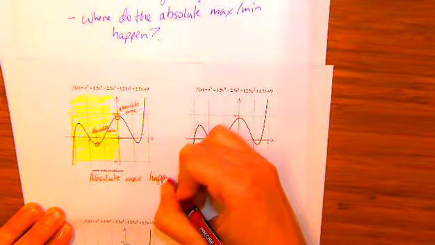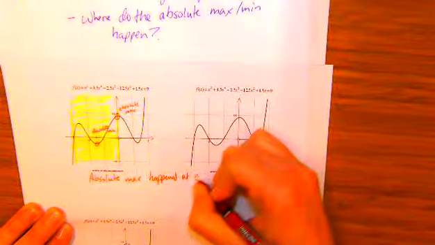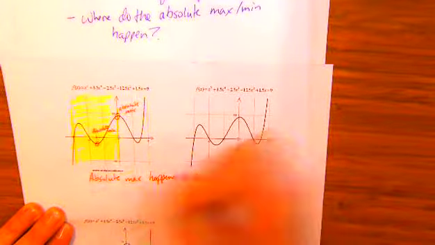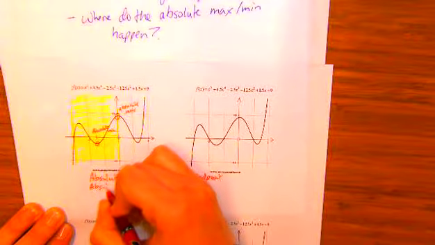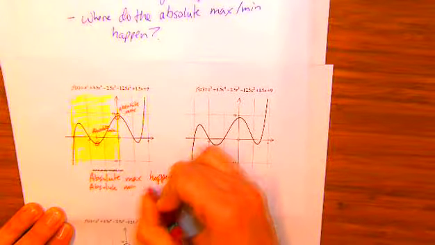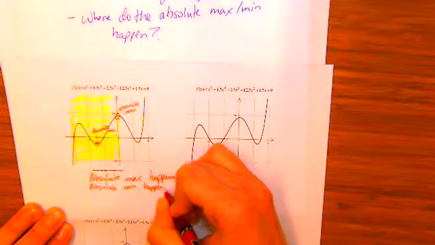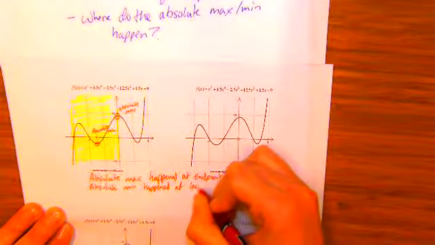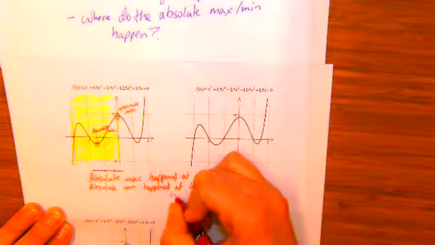Okay. Absolute max happened at endpoint. The absolute min happened at the local min in the window.